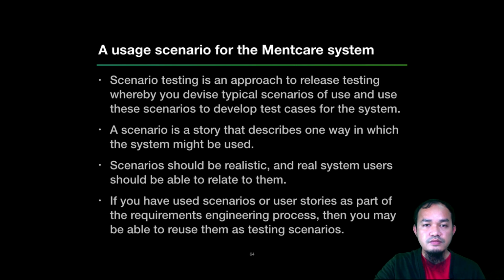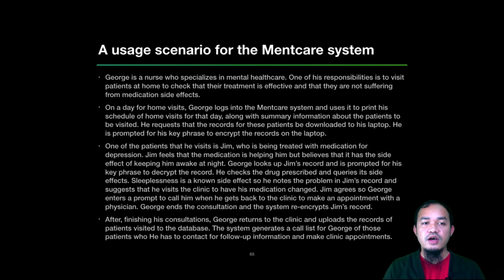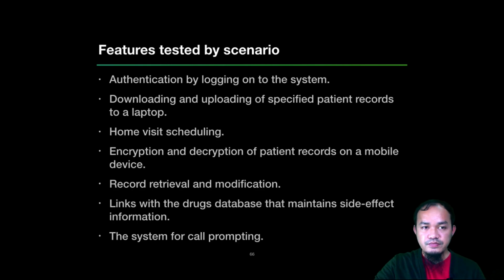This is an example of a scenario of the mental health care system. There are sentences that explain what the system is doing and the action accordingly: process 1, process 2, process 3, and then the input and what the output will be. This is a scenario.